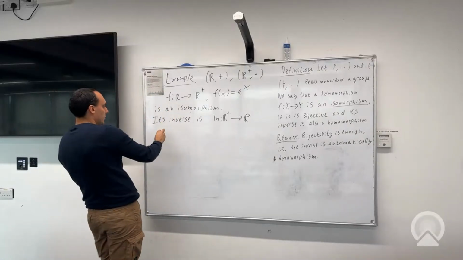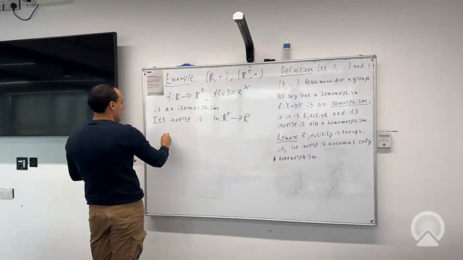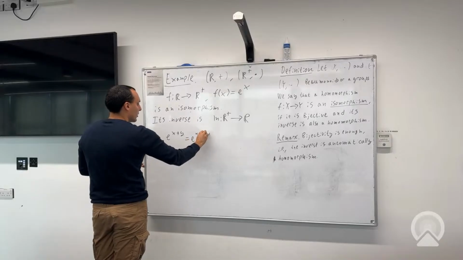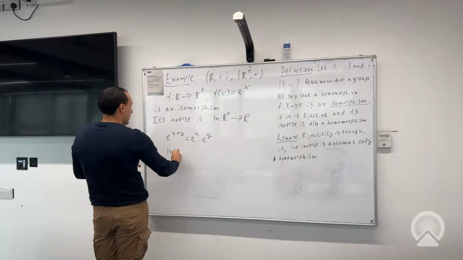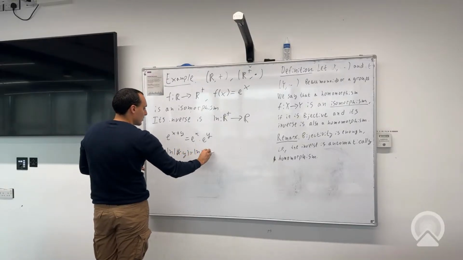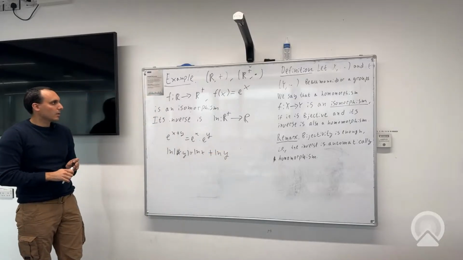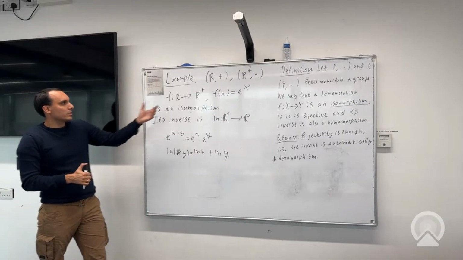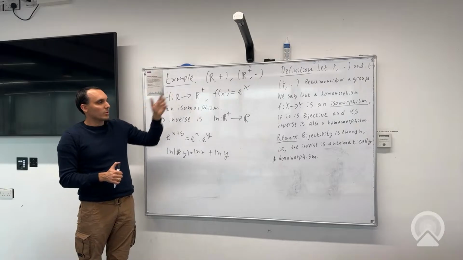So to repeat, from plus to multiplication, we have e to the x plus y equals e to the x times e to the y, and we have the logarithm of x times y equals the logarithm of x plus the logarithm of y. And these functions are bijections. The exponent goes from all numbers to positive ones.